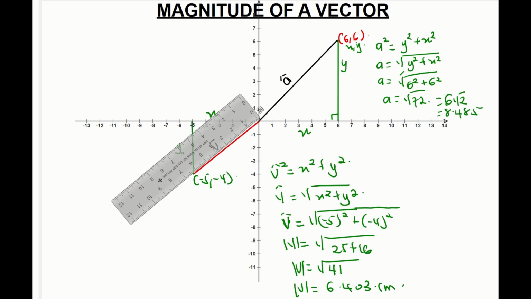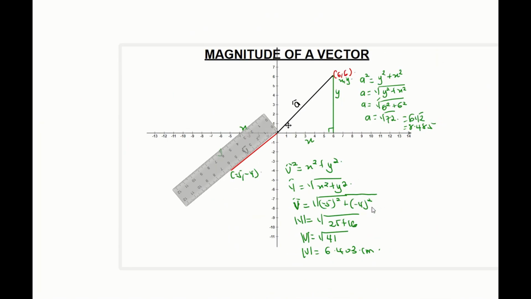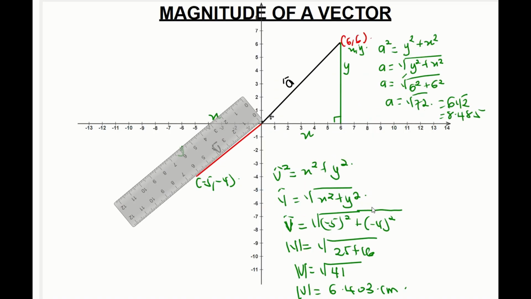Let's zoom that out. We can see that this is 6.4 over here. So we can identify that our given answer is correct. So that is how we determine the length of a vector, or find the magnitude of a vector.